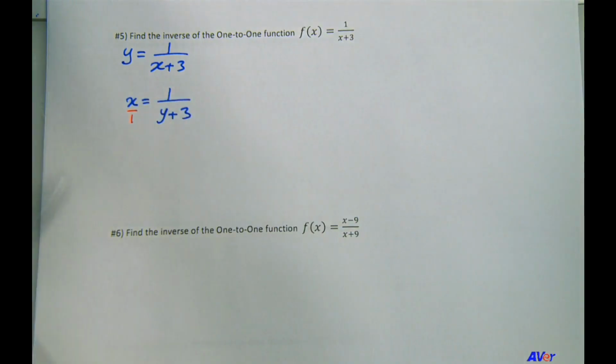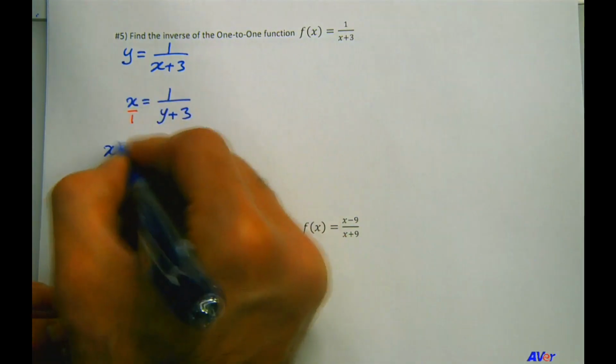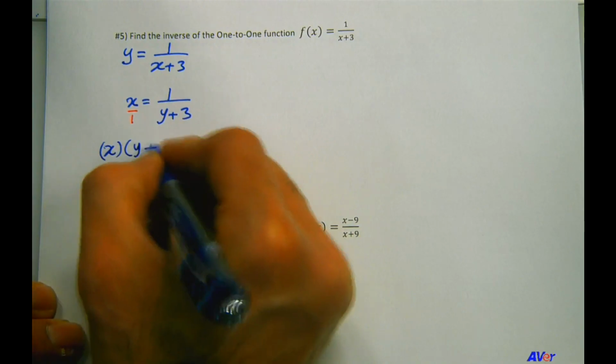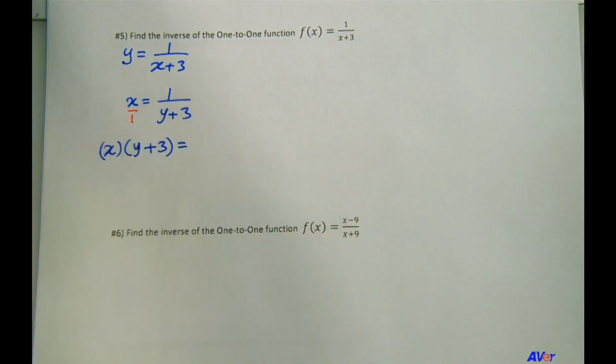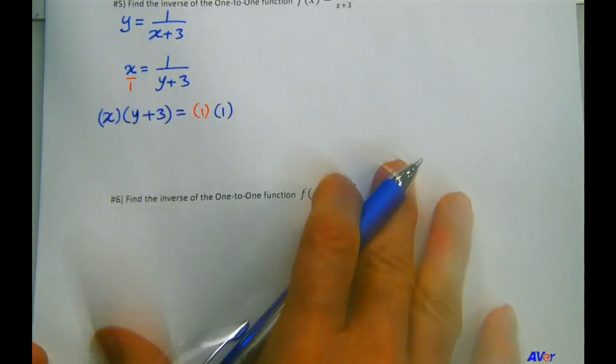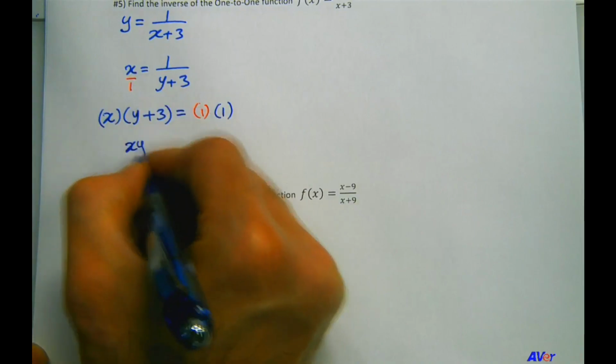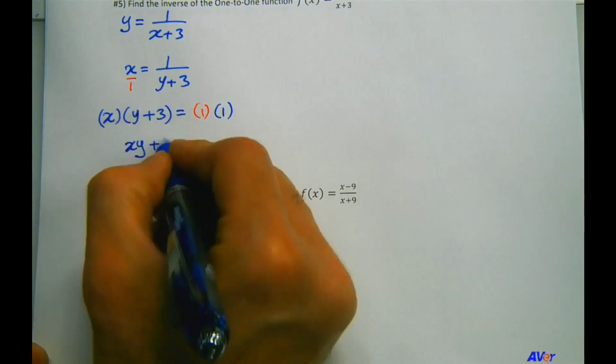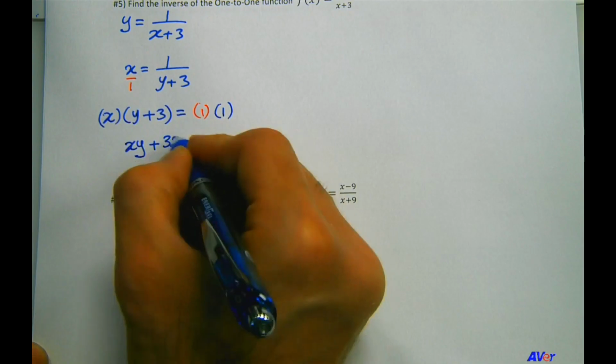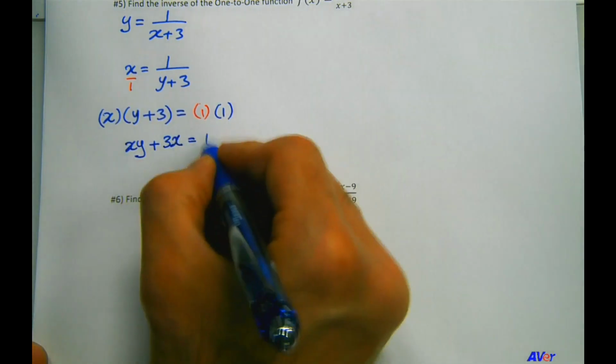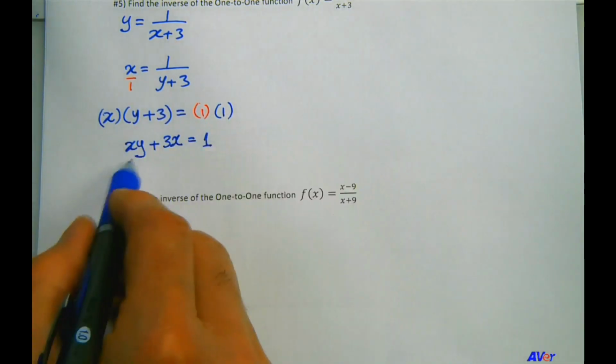So I'm going to cross multiply: x times y plus 3 equals 1 times 1. So we have x times y is xy plus x times 3 is 3x equals, of course, 1. Keep in mind, we're solving for y.